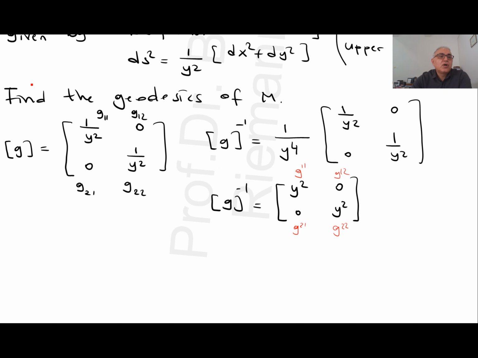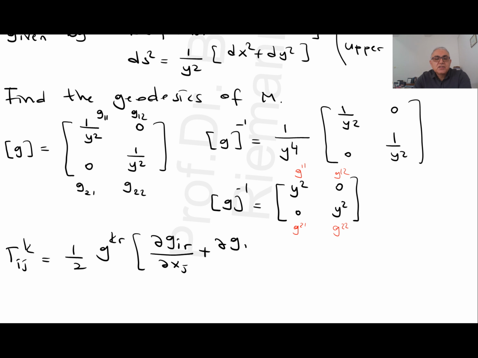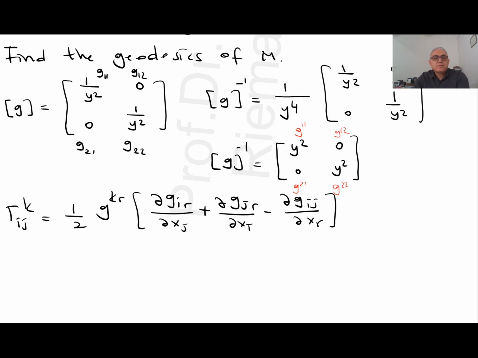First we need to calculate the Christoffel symbols. Remember, Γ^k_ij is given by 1/2 g^kr times (∂_i g_jr + ∂_j g_ir − ∂_r g_ij).